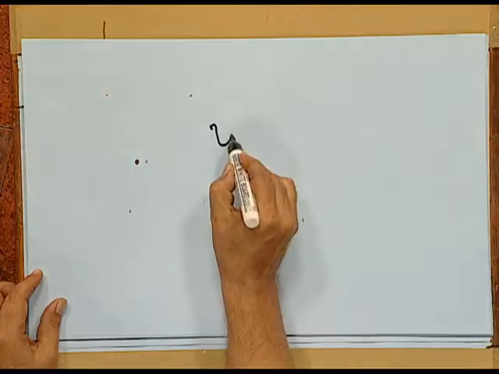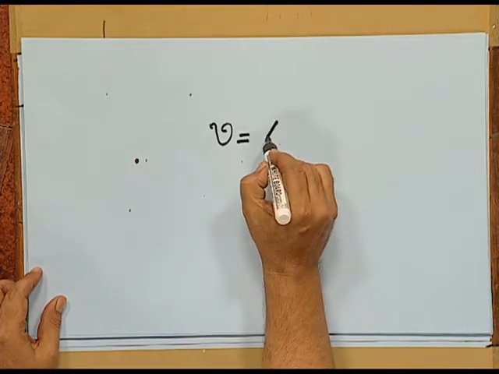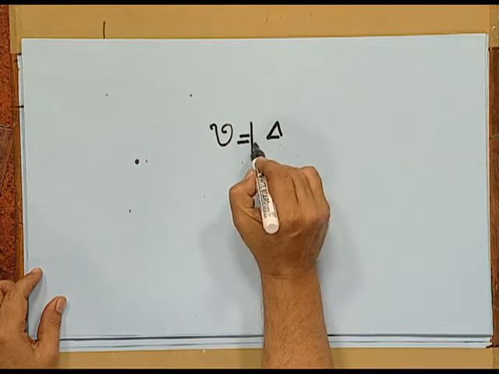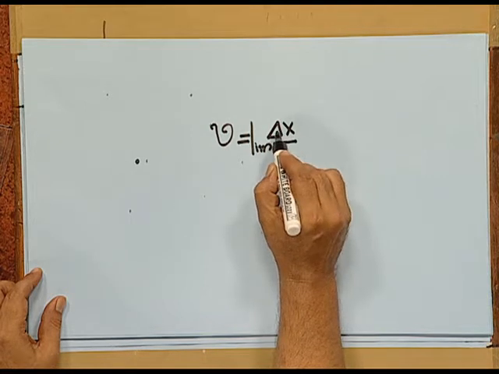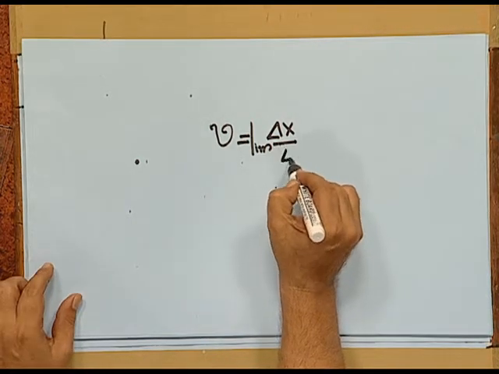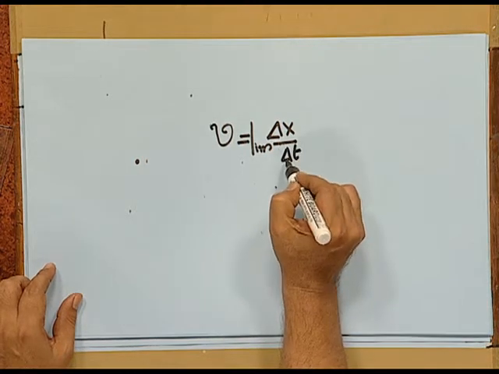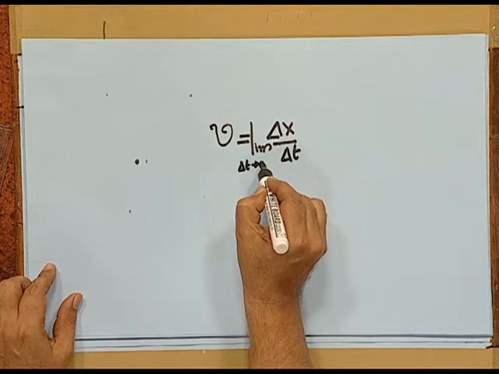When we say instantaneous velocity, we write it as V is the limit of the change in position coordinate, which we have called delta x, which is nothing but displacement per unit time when the time interval is very, very small. So, we write V is equal to limit of delta x by delta t as delta t tends to 0.